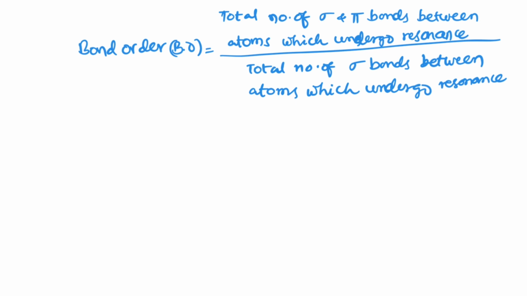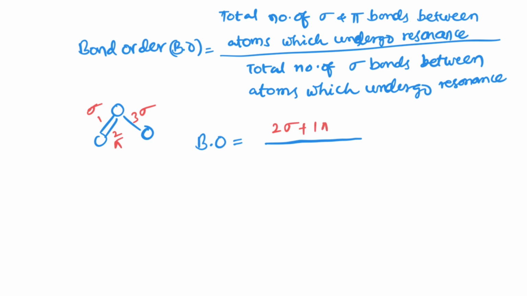Now if you consider ozone, this is the ozone structure. So bond order for ozone can be represented as, this is 1, this is 2, this is 3. Total number of sigma bonds and pi bonds: one sigma bond, this is a pi bond, this is a sigma bond. So in total we have two sigma bonds plus one pi bond.